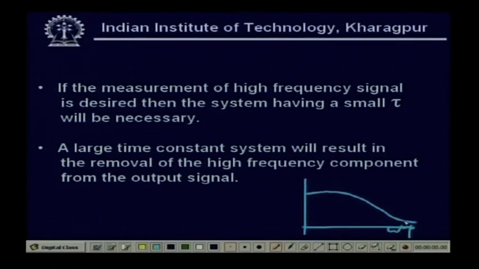The tau is constant, so what will happen? The high frequency component of the output signal falls. If I want to take the reading here, obviously my output attenuation will be quite large, so I will not get any output, right. So, that is why we say a large time constant system results in the removal of high frequency components from the output signal.